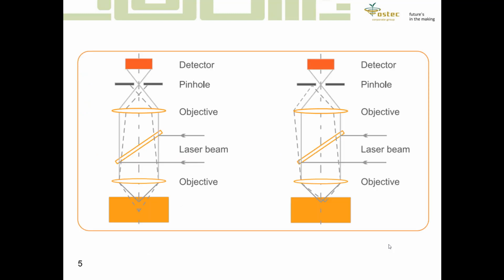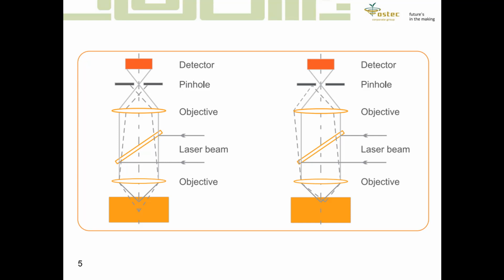Okay. So how can we get high spatial XY resolution? We should use a confocal configuration. The main principle is that the sample image is projected onto the pinhole, which is a square pinhole of variable size.